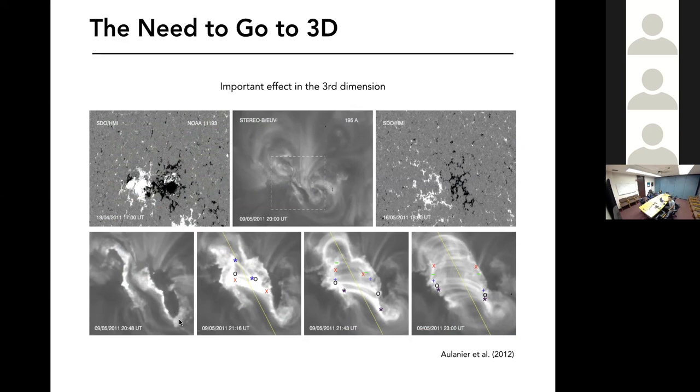And when it reaches the edge, it curves back. After a while, it starts to expand more symmetrically with respect to the neutral line in the two directions, towards the left and right. So this first stage, moving along the ribbon, is a complete 3D effect that cannot be modeled in 2D. And also, as we'll talk about in the next lecture, this curved structure is a signature of a flux rope. It's very telltale.